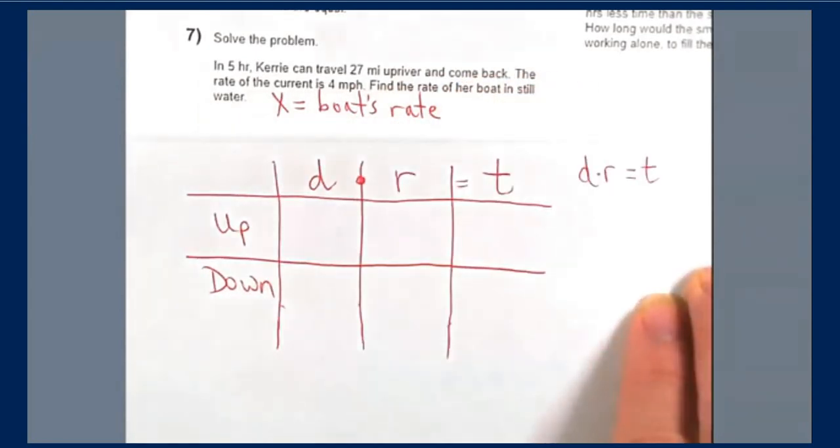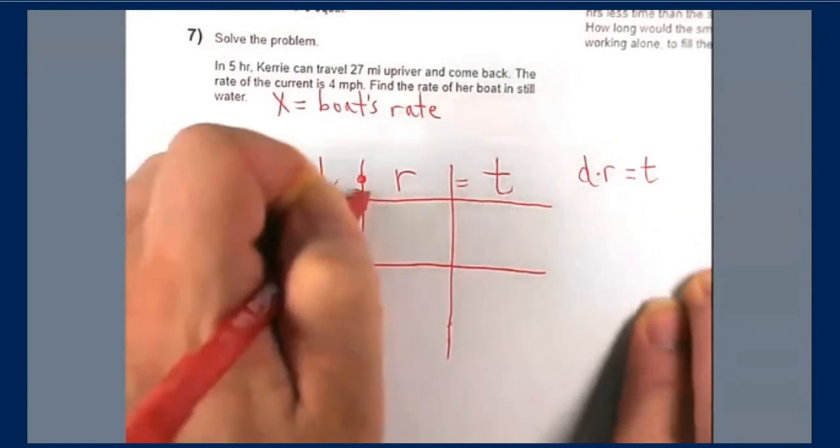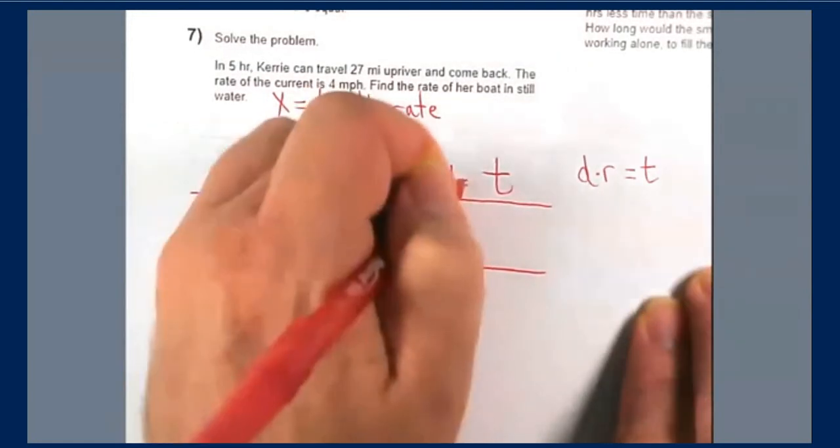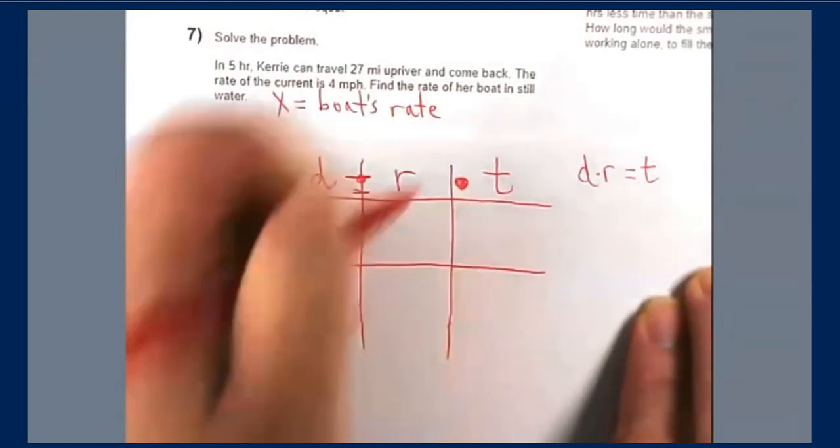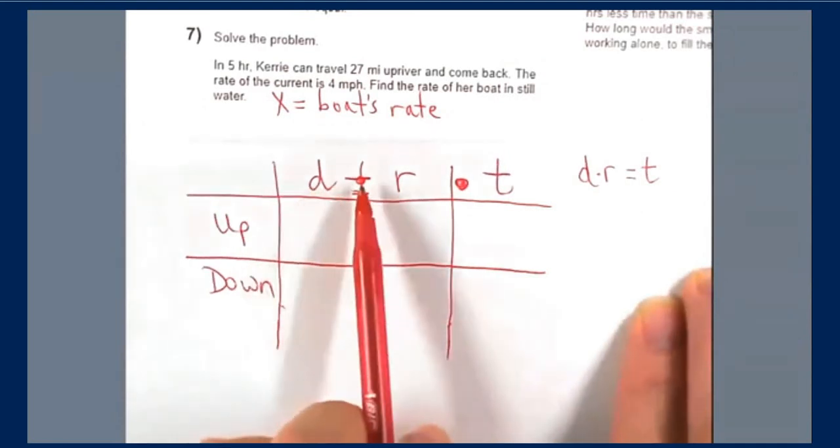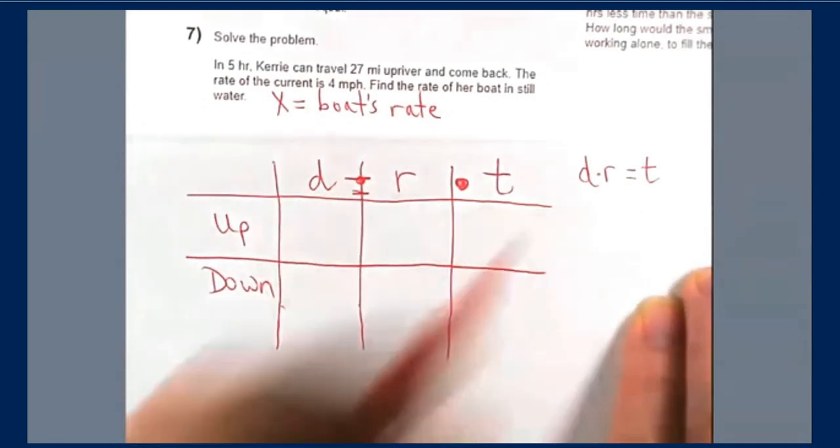I got my symbols backwards, I'm sorry. At the top, that should be distance equal to rate times time.